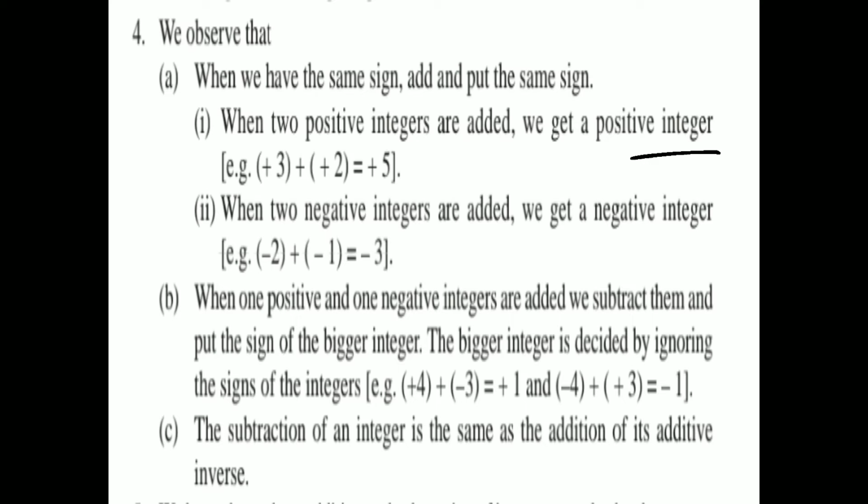When two negative integers are added, we add them, but the sign will be minus. -2 -1 will be -3. But if one number is positive and another is negative, then we have to subtract, but the sign of the bigger number will come. Here the bigger number is +4, so the sign will be plus. If the bigger number 4 has a minus sign, then minus will come. Clear? Keep this in mind.